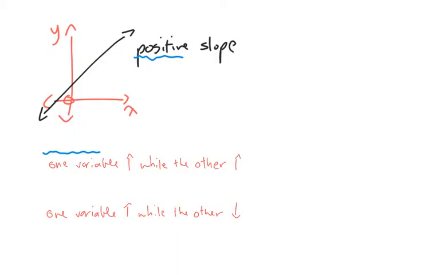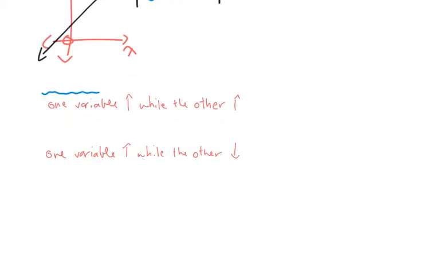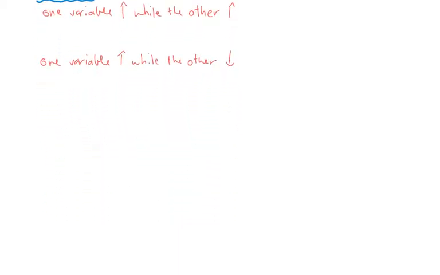Negative correlation is very similar. I'm going to show you what that looks like. So again, I'm going to draw myself a graph. That's my x-axis, that's my y-axis, that's my origin, and I'm going to have a line. This line is going to look like that.